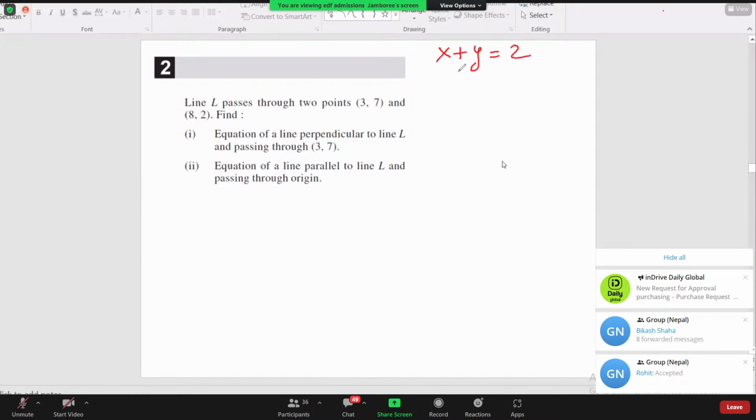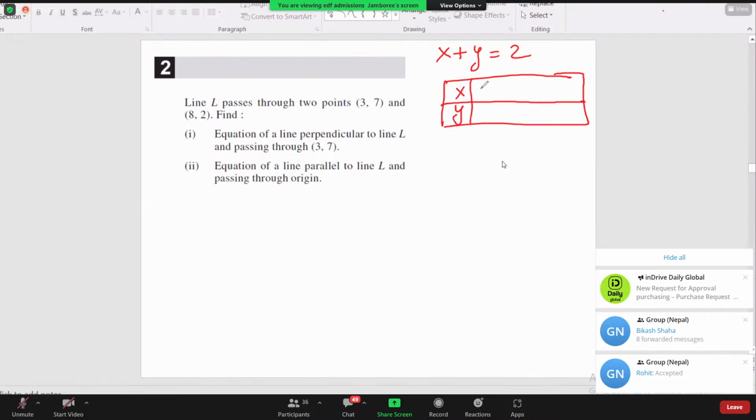Now, first of all, let me tell you, if the equation of the line is given to you as x plus y is equal to 2, and you need to plot this information on the graph, how will you plot it? If you go back to school time, you first fix certain values for x and y and then plot them on the graph.